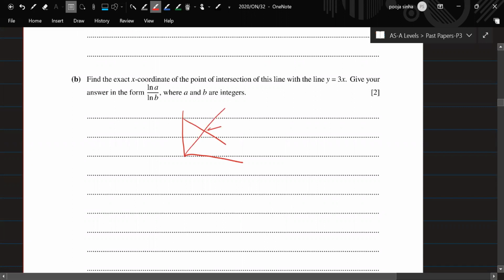This point of intersection is A, B. And how will we show it in ln A, ln B form? You just add ln. Suppose A is 2 and B is 3. It's not the answer, suppose that's the answer. So ln 2 upon ln 3.